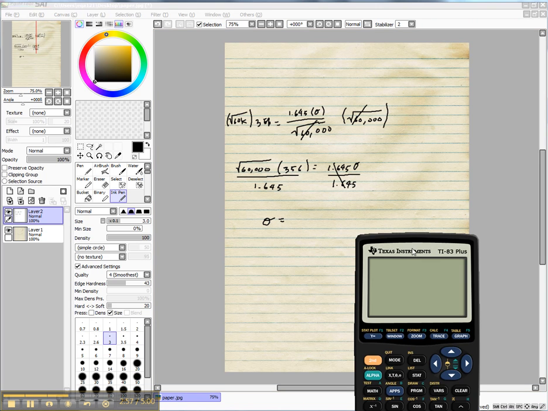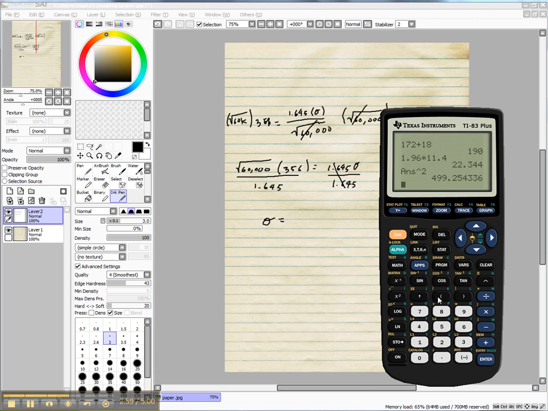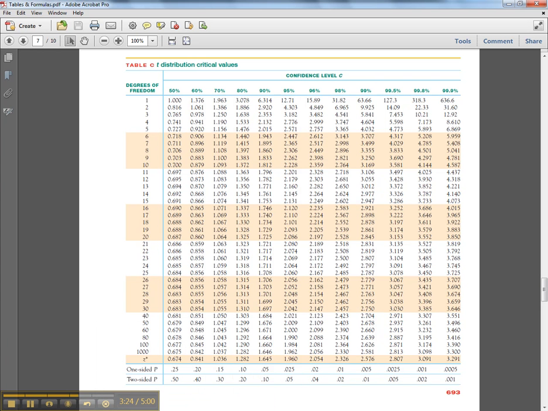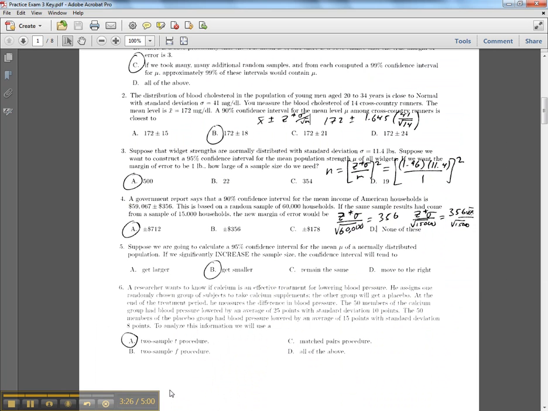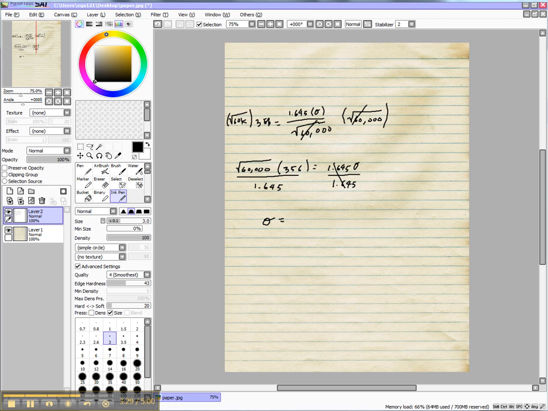So if I take out my calculator, I'll go square root of 60,000 times 356 divided by 1.645. Let me just verify that at 90% it is 1.645. Yep. So 1.645.